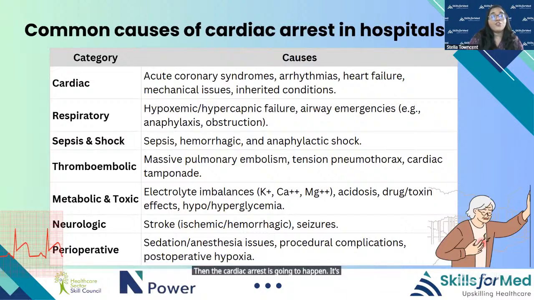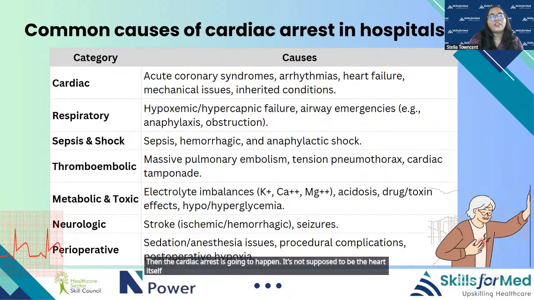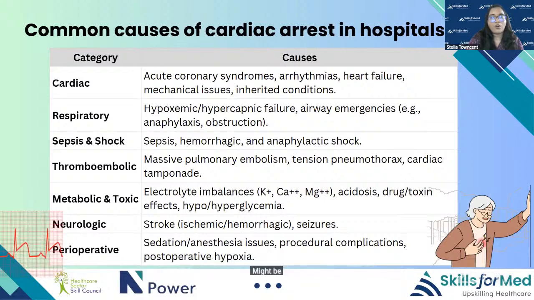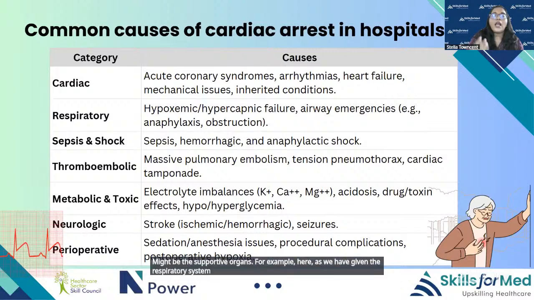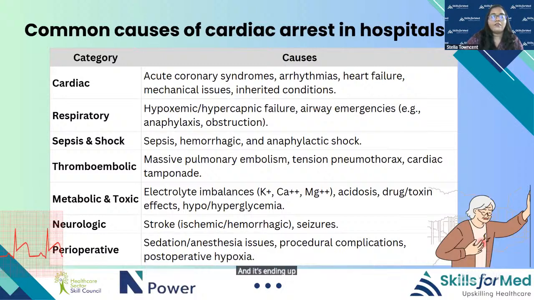It's not supposed to be that the heart itself must be the problem for the cardiac arrest. Might be the supportive organs. For example, the respiratory system: when it comes to hypoxemia, low oxygen level, or higher carbon dioxide level, imagine automatically there is less oxygen supply to the cardiac heart muscles, ending up in heart muscle failure and the cardiac arrest is going to happen.